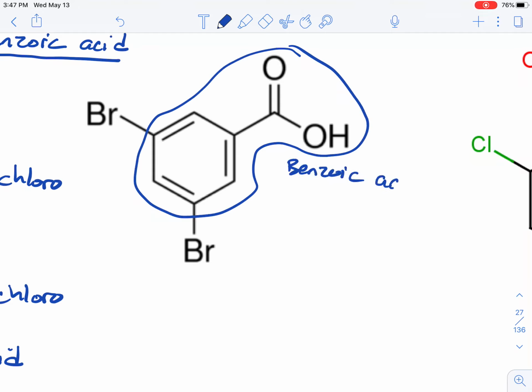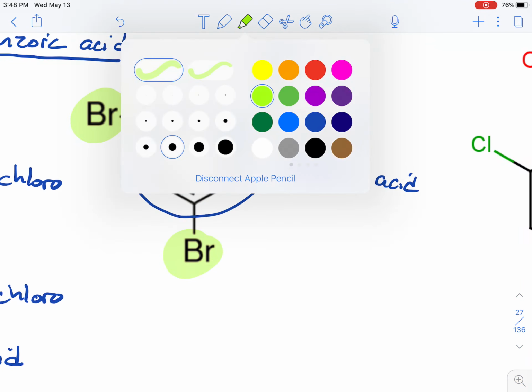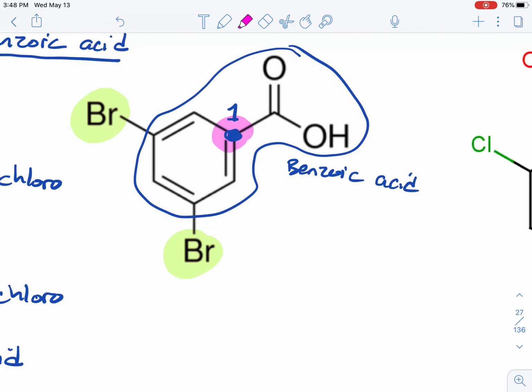It looks like we have 2 substituents. We have 2 bromines. We have to number our carbons in such a way that both of these bromines have the smallest values.